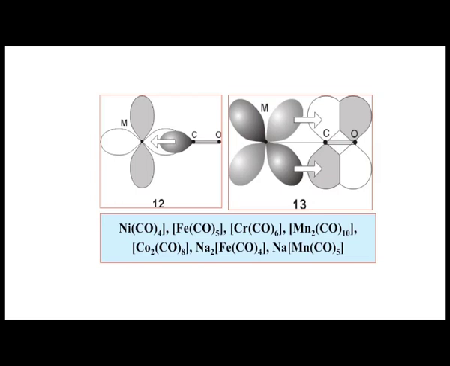So, this gives one sigma donation, and this is considered the pi acceptance. That is why carbon monoxide is considered a good pi acceptor ligand.